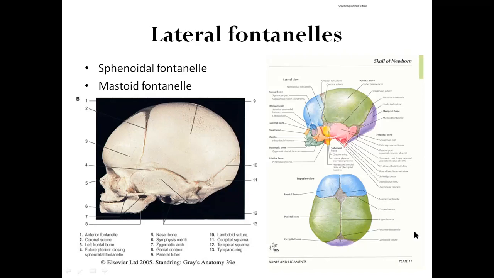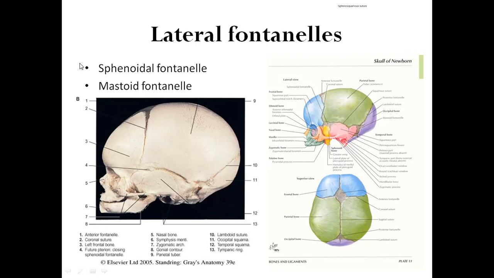Similarly, posteriorly, between the two parietal bones and the occipital bone, we have the posterior fontanelle. In adults, that is the lambda point. Okay, similarly, when you see this lateral view, this is the parietal bone, frontal bone, occipital bone, temporal bone and sphenoid bone. Between these bones also membrane still exists and is not yet ossified.